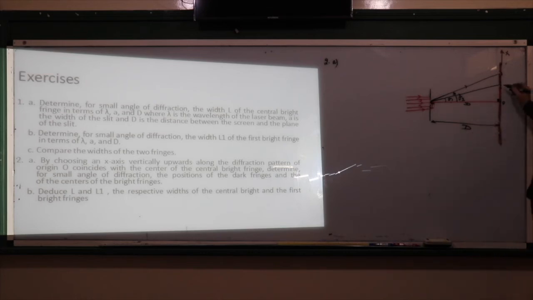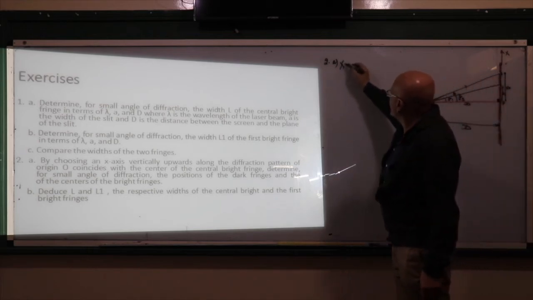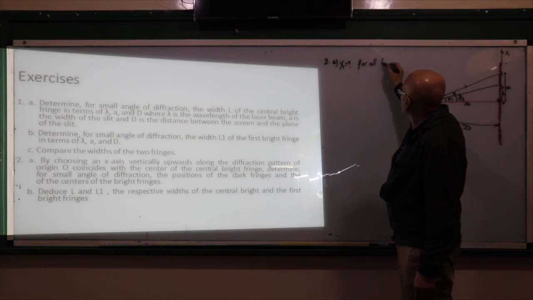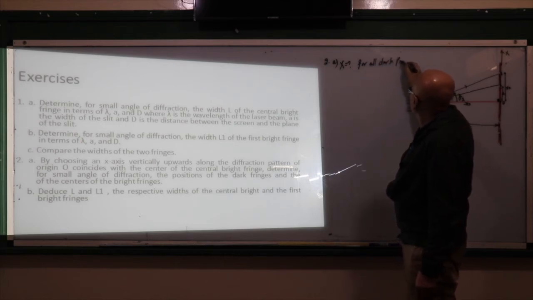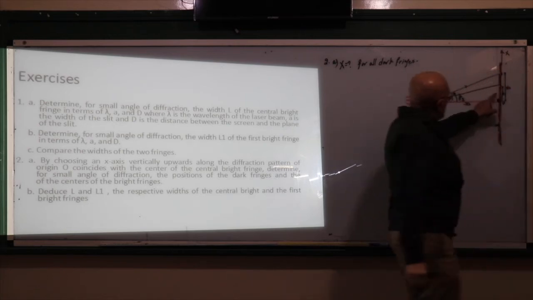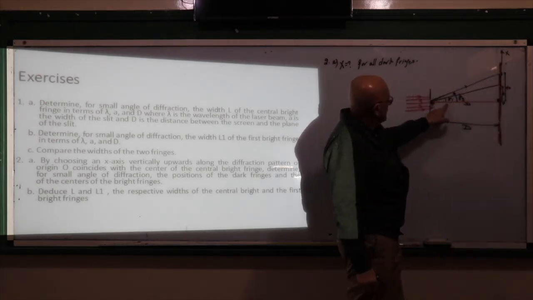This means he wants the abscissa of this point, which is x1, the abscissa of the second dark fringe that I am going to call x2, and so on. So I want x, but for what? For all dark fringes. How to find x? This is x1 facing theta 1.